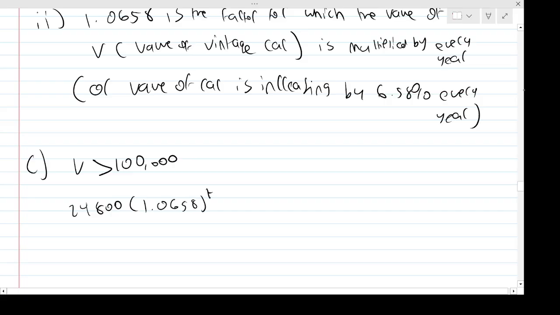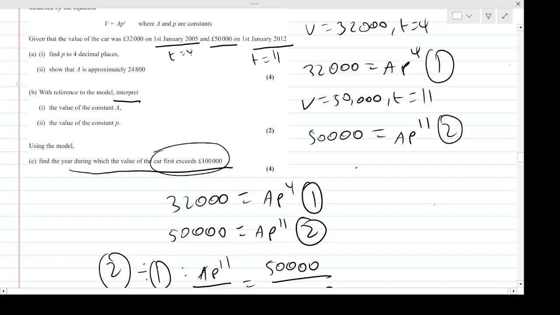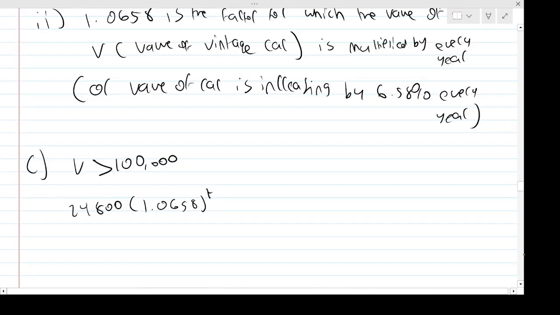So if we want the value of the car to exceed 100,000, then finding the value of t is equivalent to just solving this inequality. So this has to be greater than 100,000.